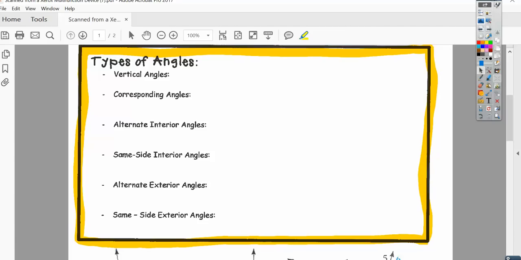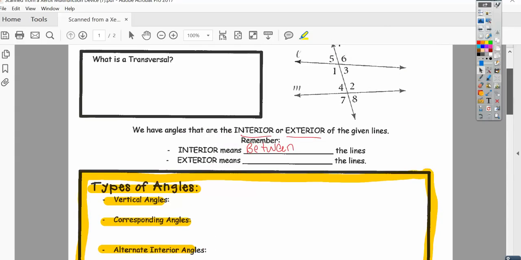And then I want you to highlight each of these vocabulary words. Okay. So we have these angle relationships that correspond between interior and exterior.